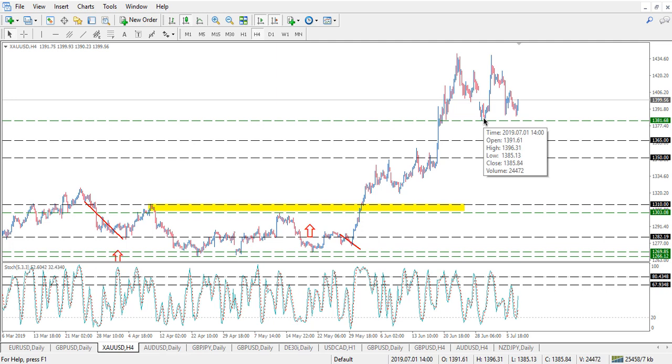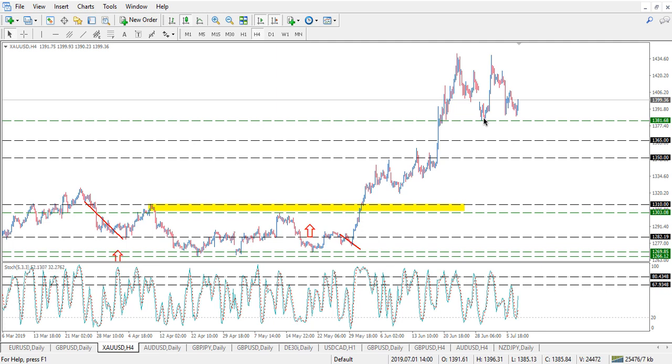This is what makes the confirmation line. So what we can do now is to wait for this level, 1380, to be broken. In case the level is broken, then we can go short, targeting at least 1360, then 1350. So let's wait and see what's going to happen.